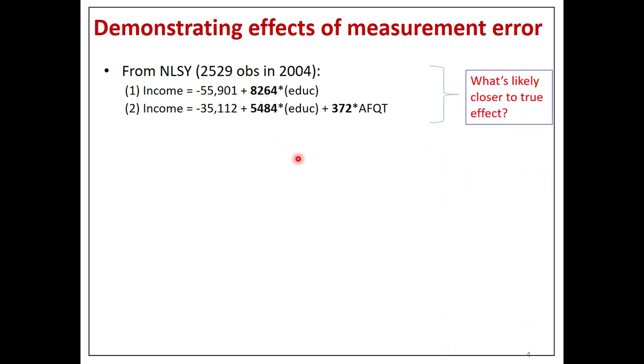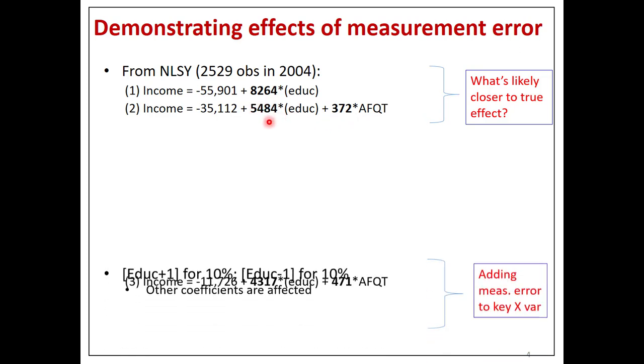Okay, and so what's likelier to be closer to the true effect? I'm going to guess this one right here, the 5484. We're probably still way off, but at least we've controlled for, or at least adjusted for, a measure of aptitude. And so I think we're actually doing a little bit better with this model.